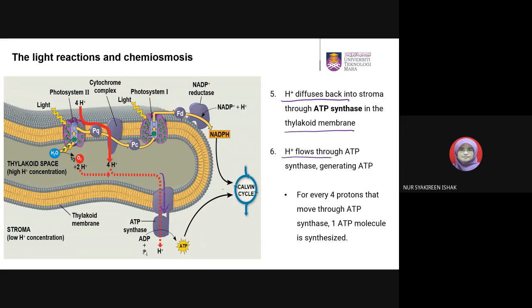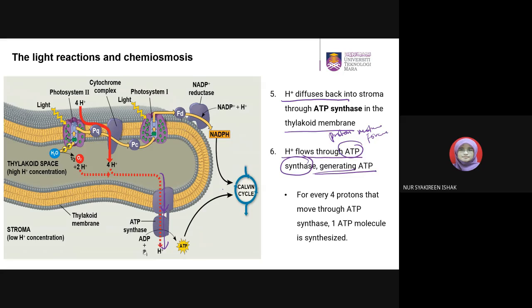So the hydrogen flows through ATP synthase, generating ATP. Basically ATP synthase will use a form of energy. We call it the proton motive force.